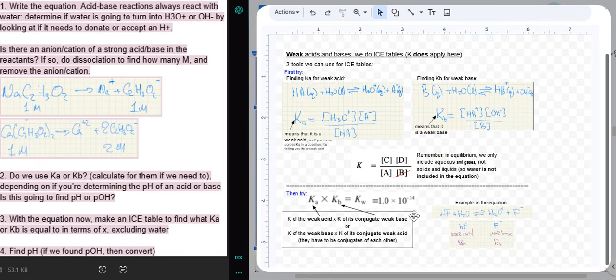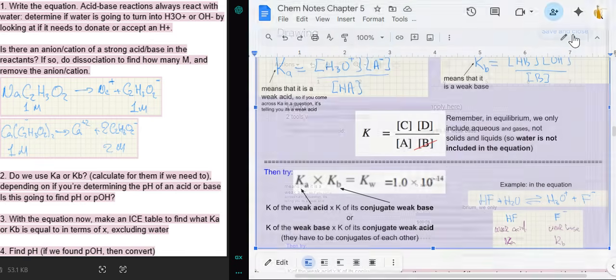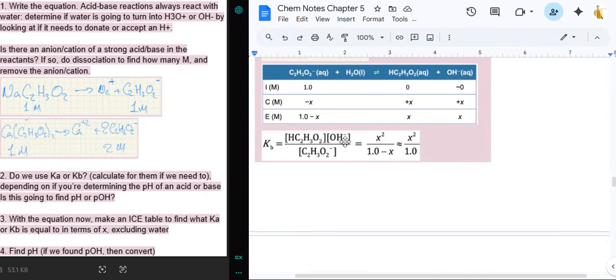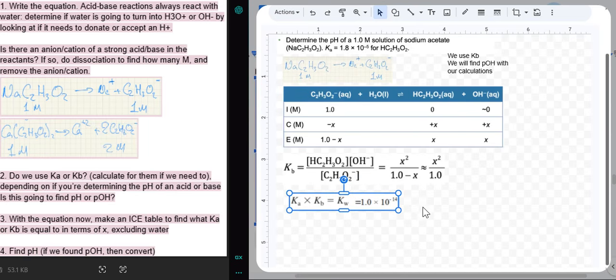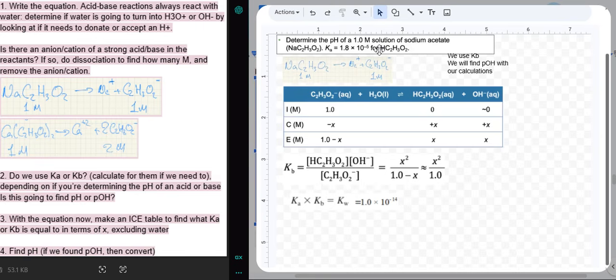This formula to find Ka, and we know Kb, to find Kb. And we know Ka is this, and Kw equals to this.